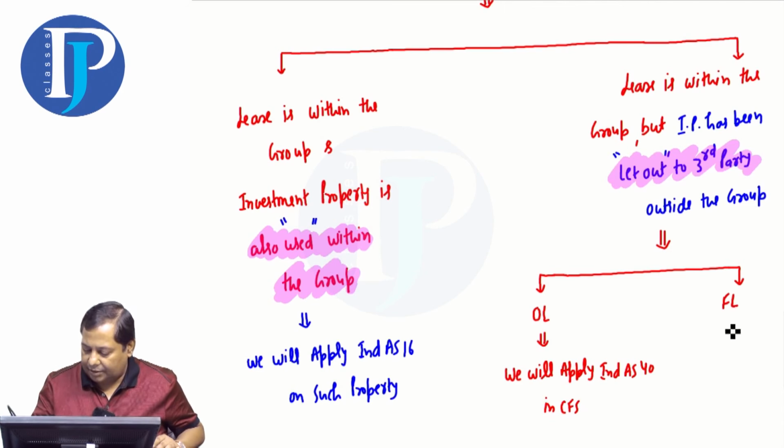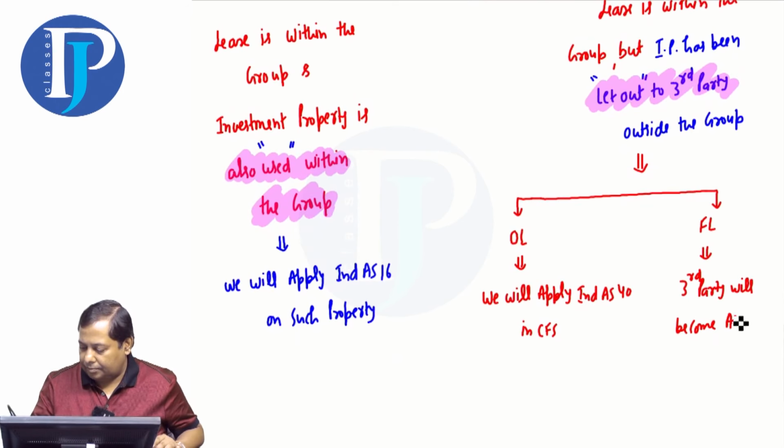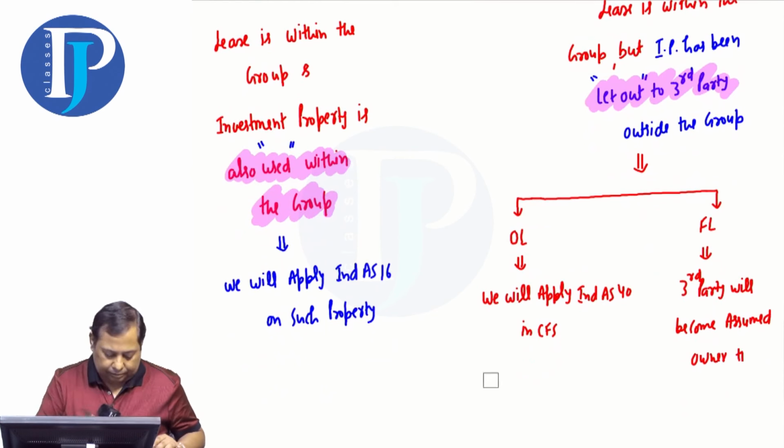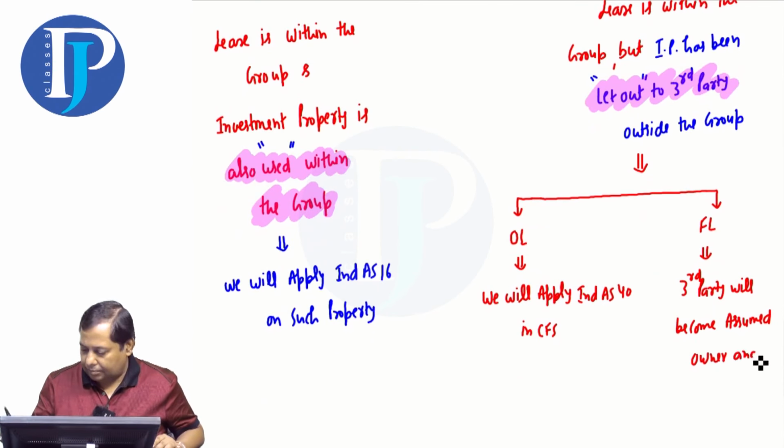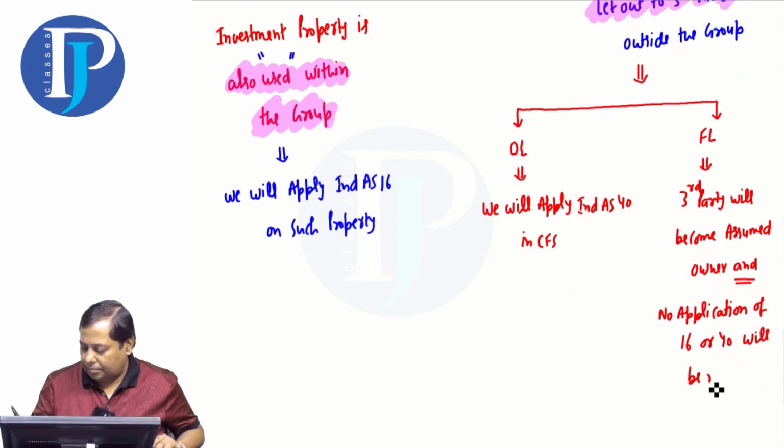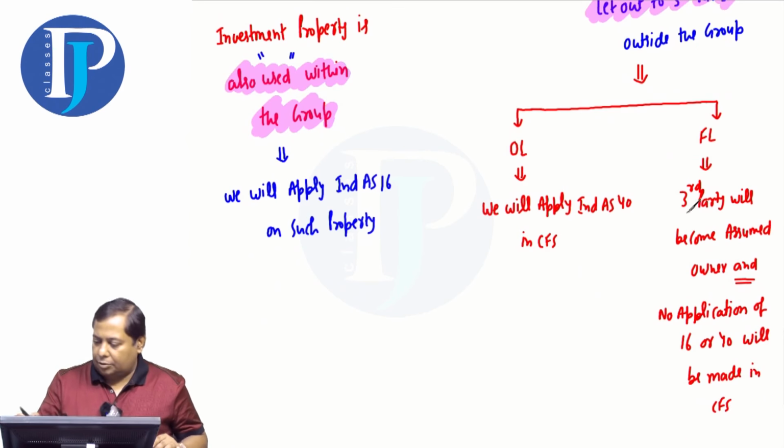And if it is a finance lease case, then the third party will become the assumed owner, and then no application of 16 or 40. The third party will become the owner.